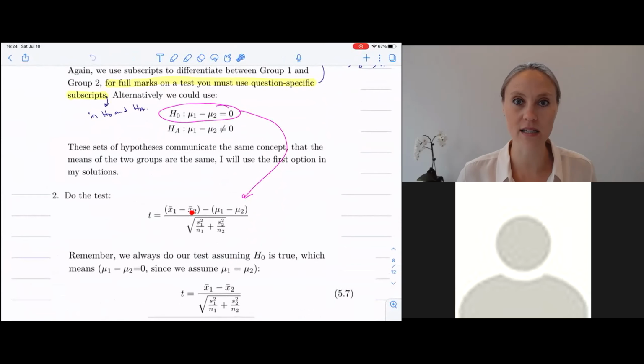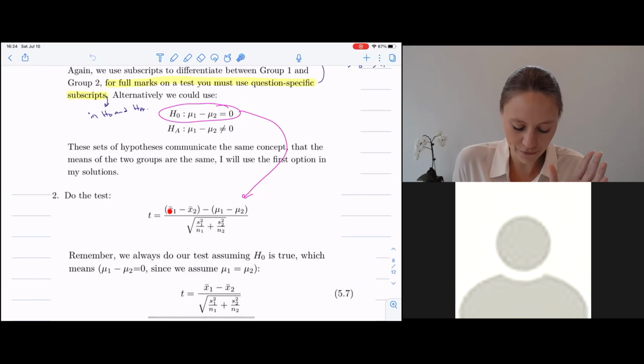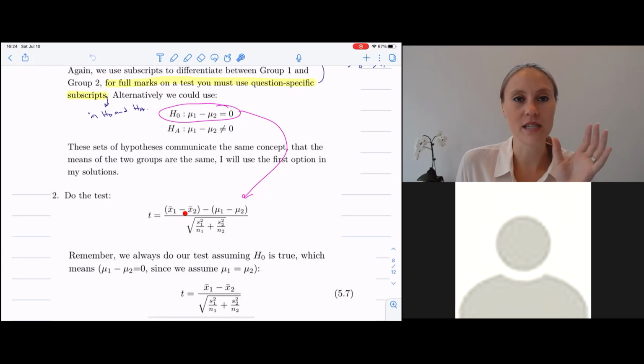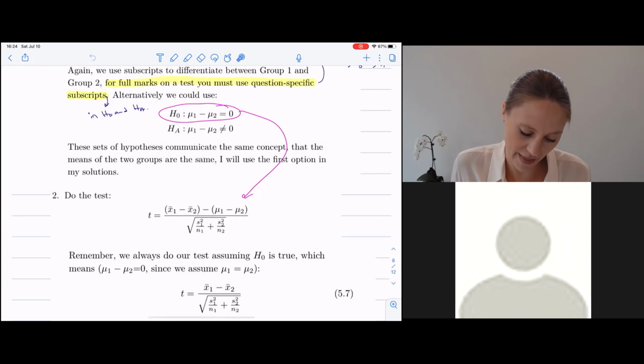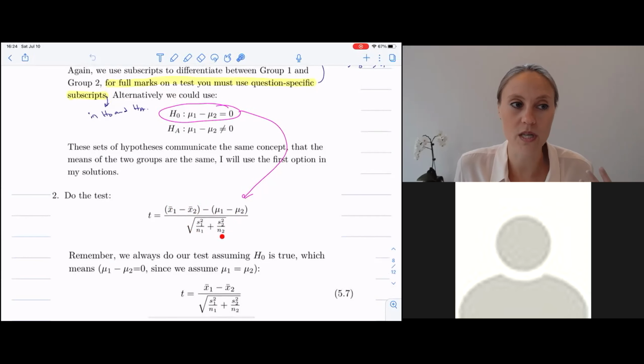Anyways, so this is technically what's going on. How far is the difference in the means from the sample from the hypothesized difference in the means, which is going to be 0? So how far is this difference from 0? And then we take into account the spread, which looks a little bit different, just because we have 2 sample standard deviations and 2 sample sizes.